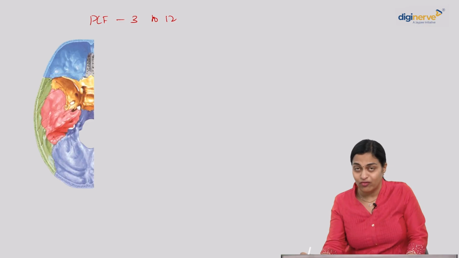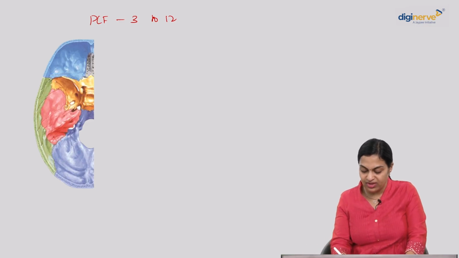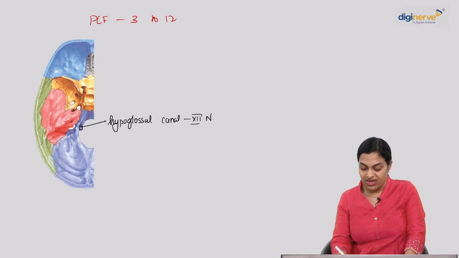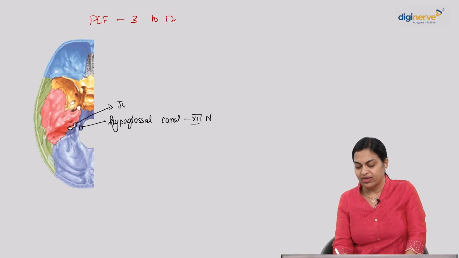We are going to identify the foramen related to these cranial nerves. Now, this one here is the hypoglossal canal. As the name suggests, what is the cranial nerve exiting through that? The 12th nerve.